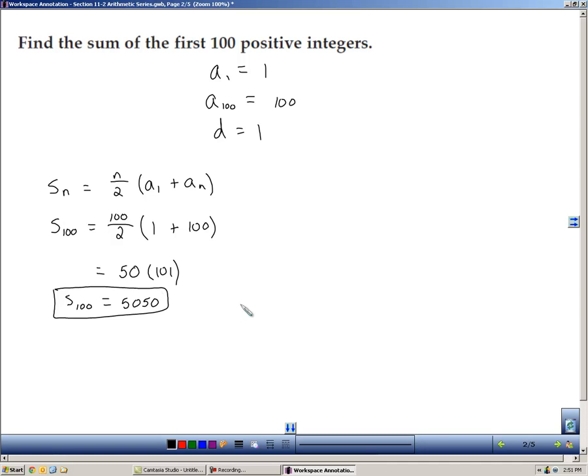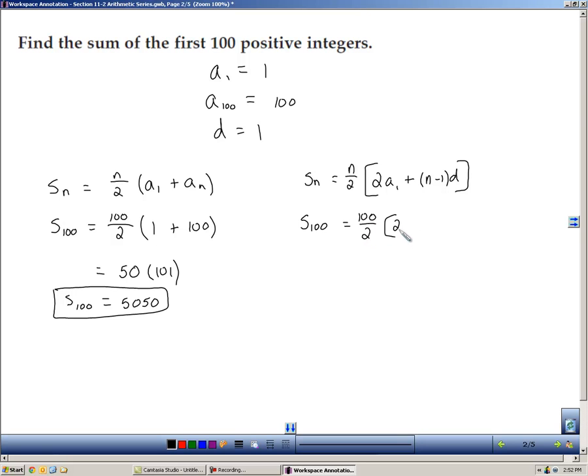Now we can do that a second method by using the other version of the formula. Here we have that other formula. This one you use when you know the d, and it has kind of the formula for an arithmetic sequence built into it. So again, we're finding S sub 100 equals 100 over 2.